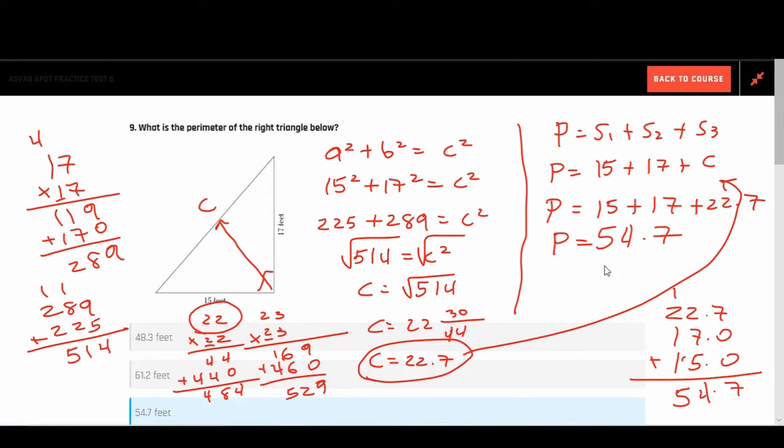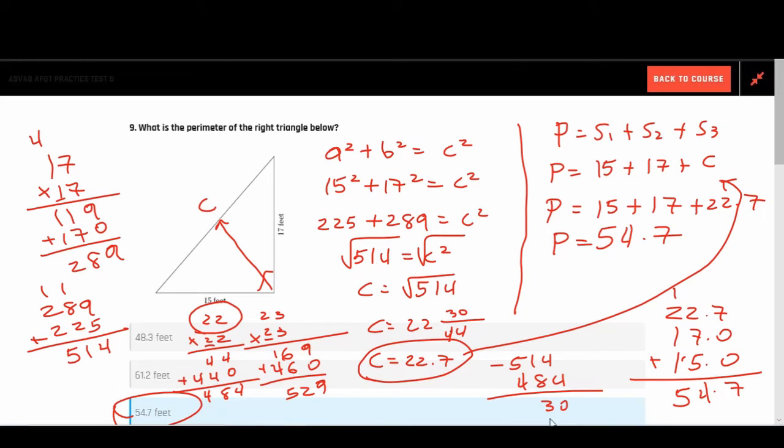And that's just an approximation using this little handy trick. And as we can see, that is the correct answer choice. Okay? So again, let me touch on this again. I determined that 22 got me the closest to the square root of 514 without going over. So I took 514 minus this square, which is 484.